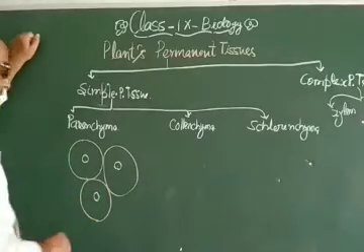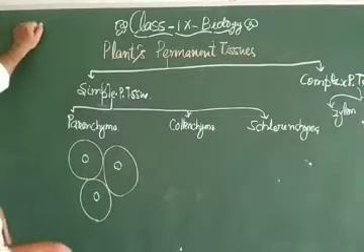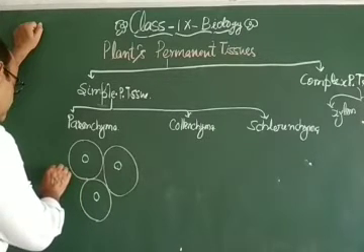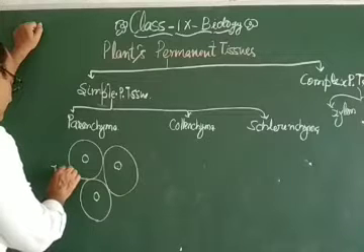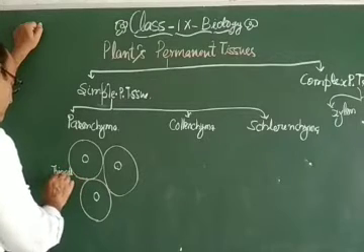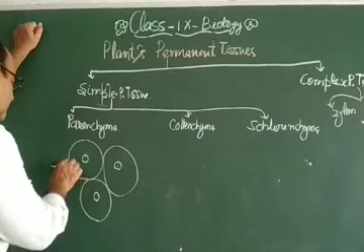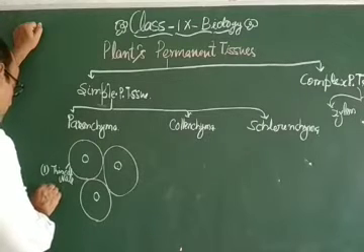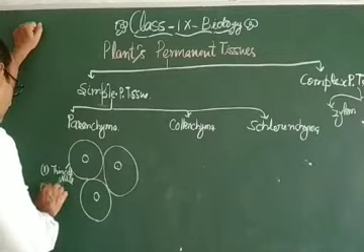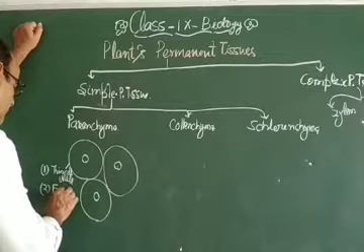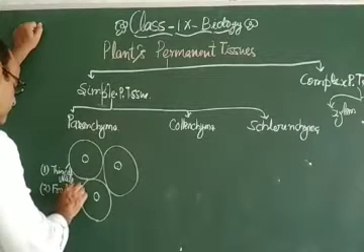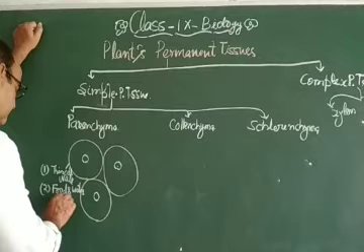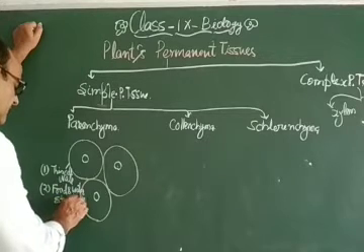So let us start the characteristics of the parenchyma. Number one, thin cell wall. Number two, food and water storage cells.